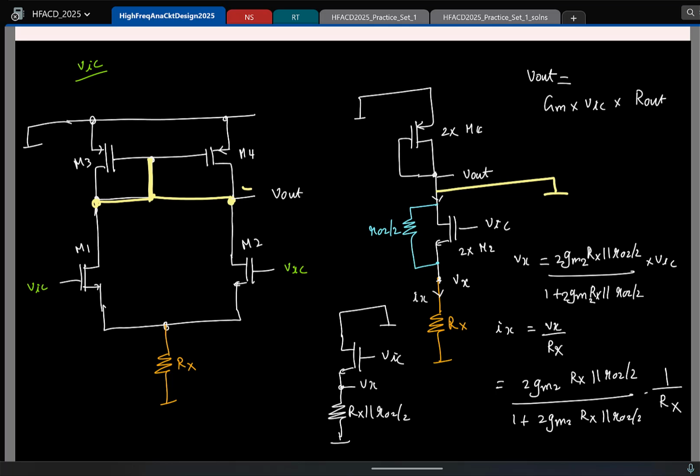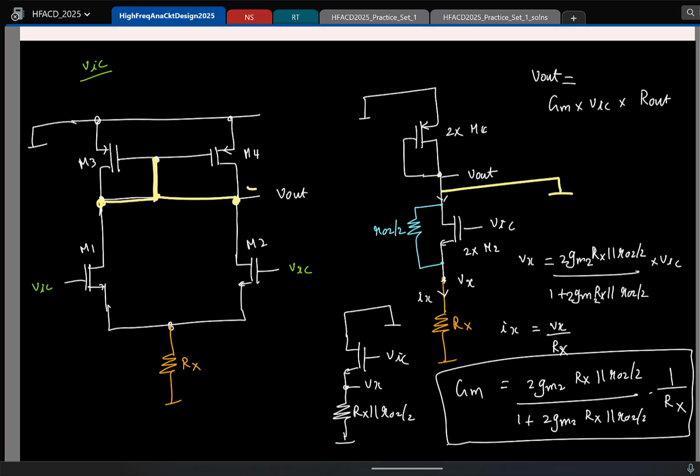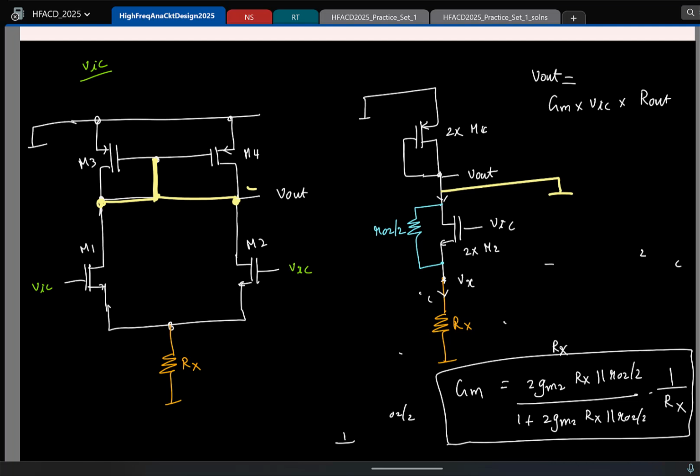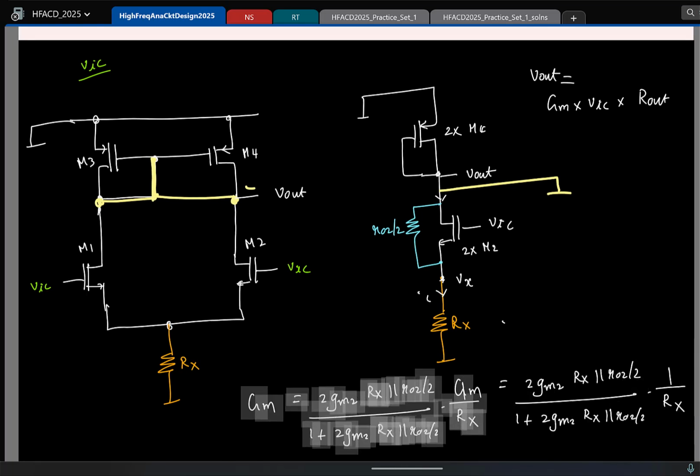Into VIC will be there, so I'll write this as GM. So this is my short circuit GM. Fine. So I found the short circuit GM. Let me erase all the other things. This is short circuit GM.